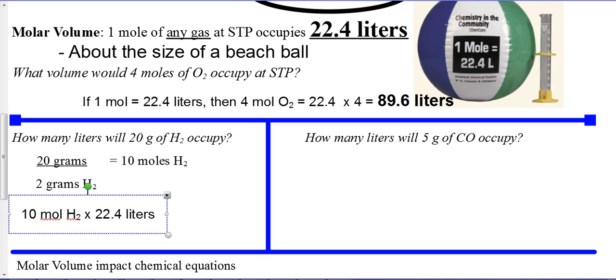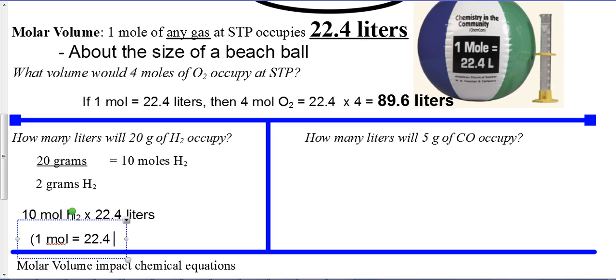Well, I know, maybe I'll put this in parentheses, that for every 1 mole it equals 22.4 liters. So then if I have 10 moles of hydrogen gas, then I know that I just multiply it by 22.4 and I get 224 liters.